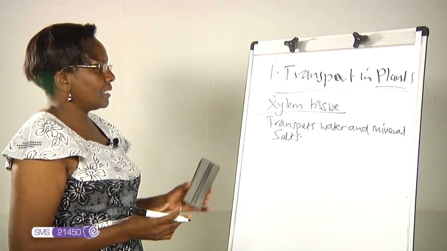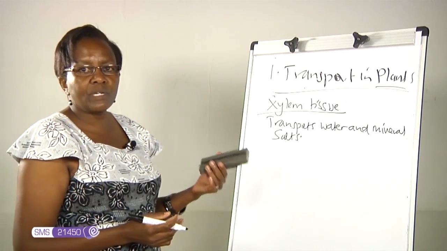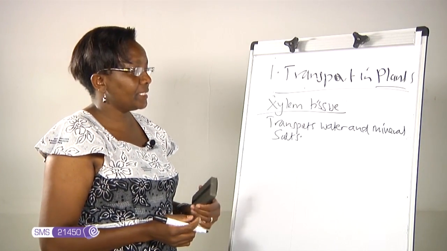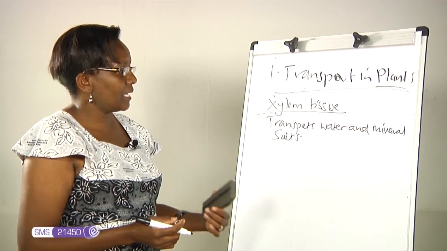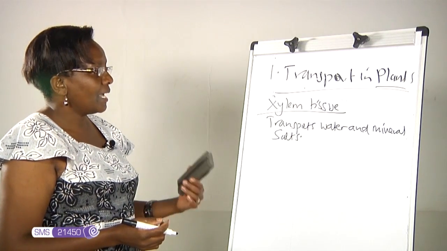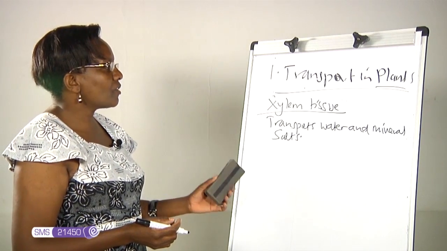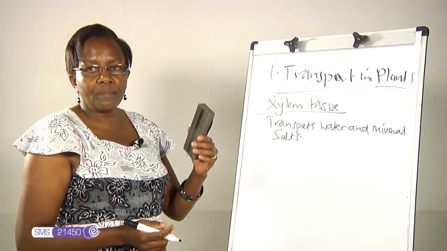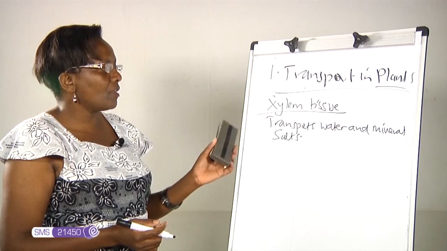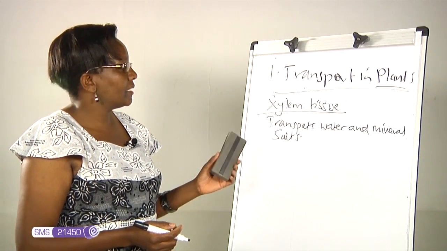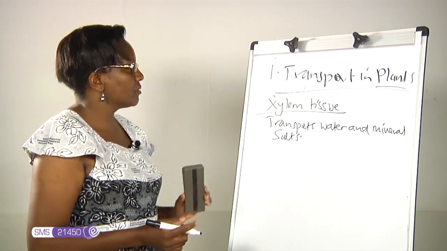So the plant will absorb water and mineral salts using the roots, that is from the soil. The water, the mineral salts get into the roots. And then in the root, we have the xylem tissue that is continuous to the stem up to the leaves so that all the cells within the plant can receive the water and the mineral salts.